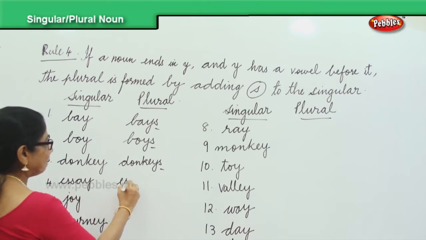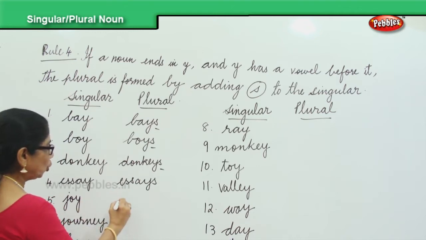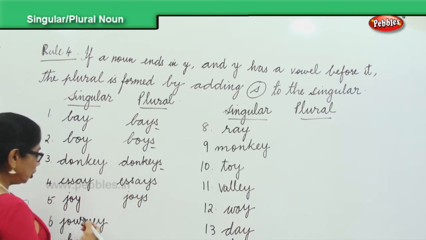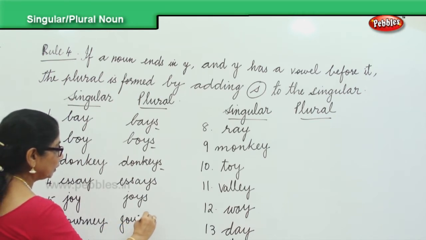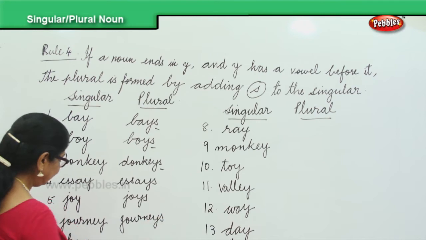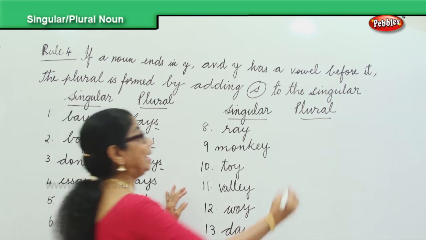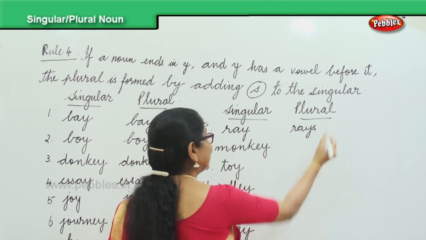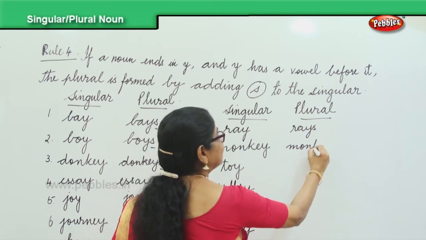Essay, essays, joy, joys, journey, journeys, key, keys. Then we have here ray, rays, monkey, monkeys.